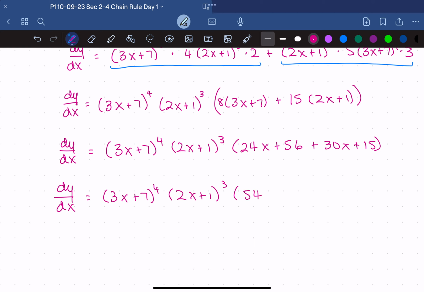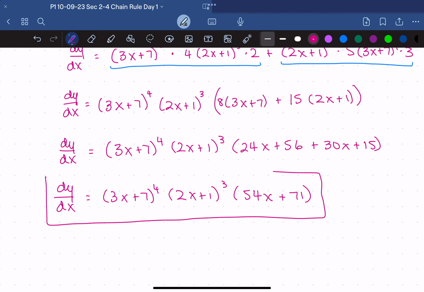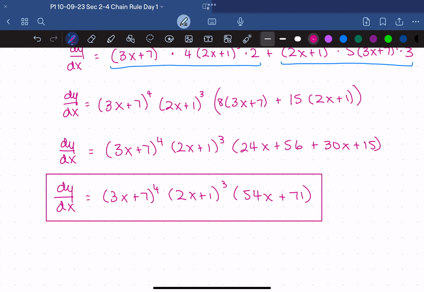I got 54x plus 71. And there is no common factor in this, so I am done. And again, see my answer is in a nice factored form. It's going to be much easier to deal with in the next unit.